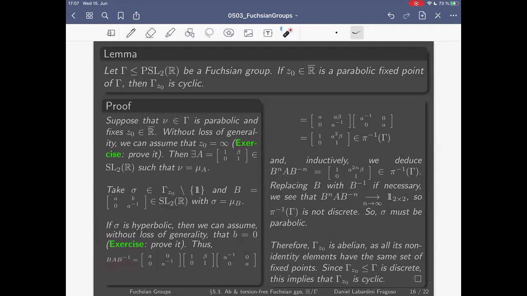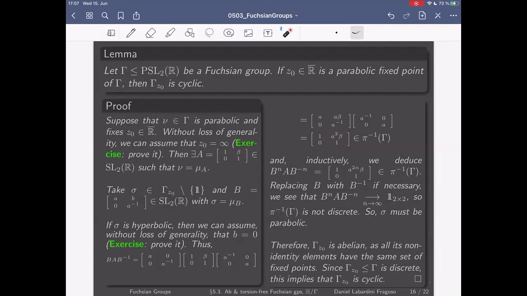Now we can conjugate our initial parabolic element 1 beta 0 1 by this sigma in this simplified form. And through matrix multiplication, we get a matrix that looks like 1 a squared beta 0 1.